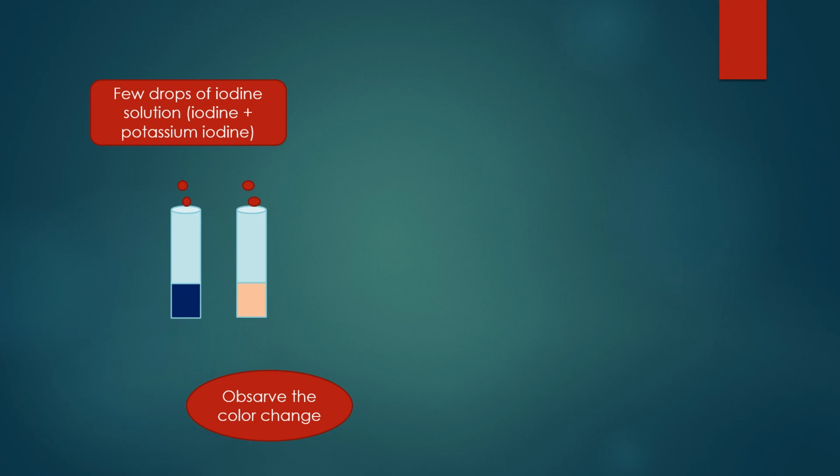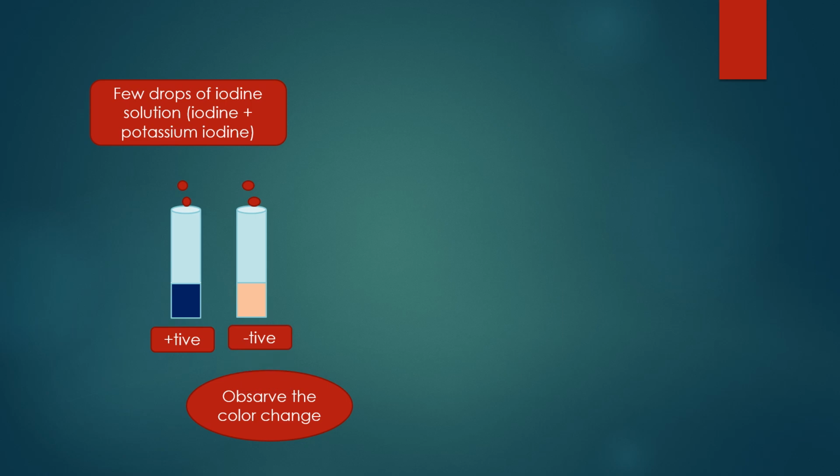So this one changed in color, giving a blue color, which indicates that the sample contains starch, and this is a positive result and this is a negative result.